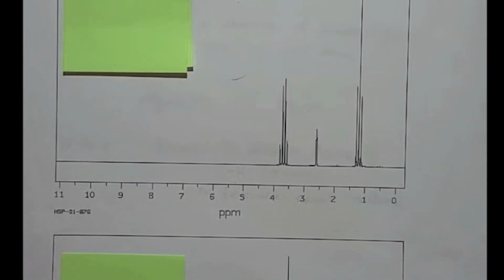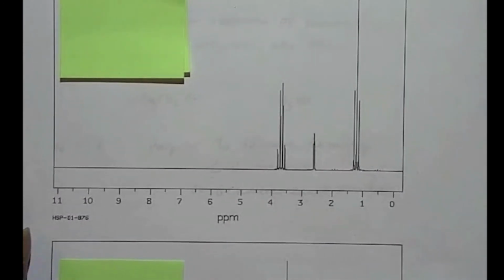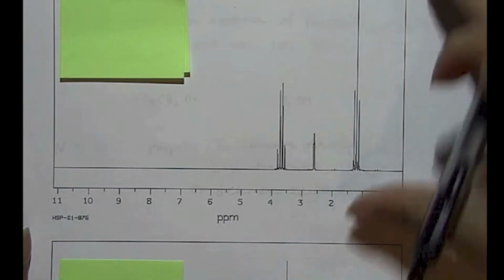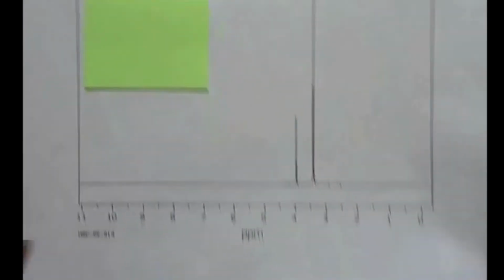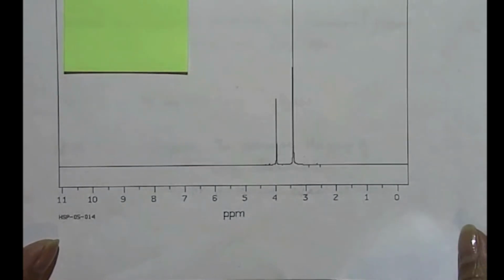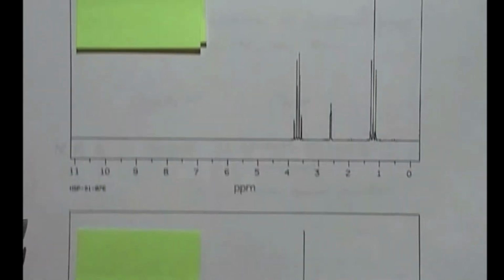Now, what you're looking at is not a carbon spectrum, but a proton spectrum. You already took some carbon NMRs last semester, and this semester we're going to be focusing on proton NMR. So here's one proton NMR spectrum, and here's the other.